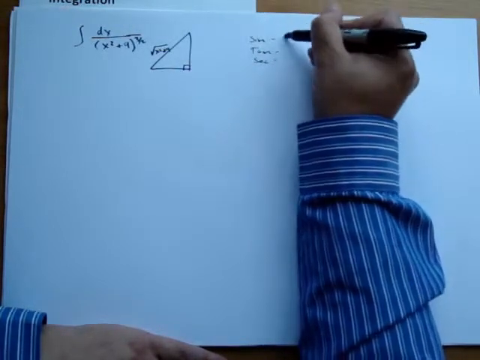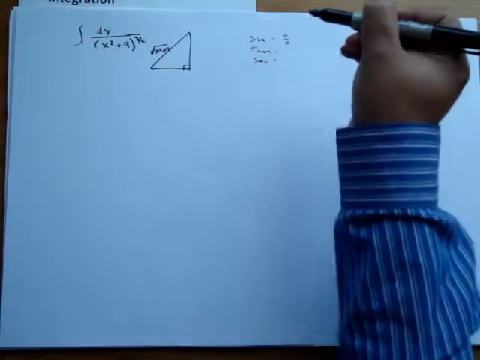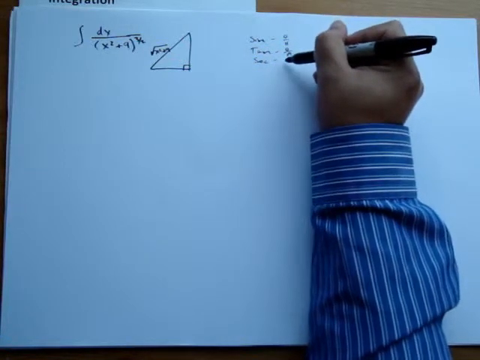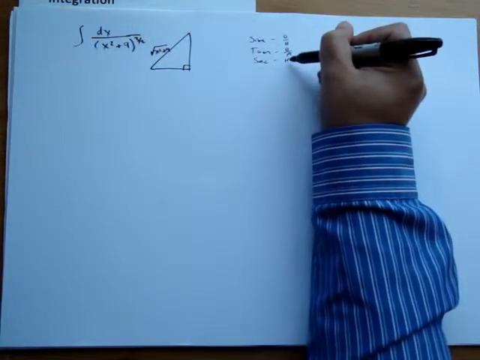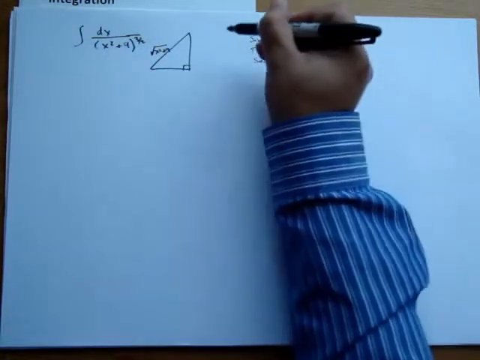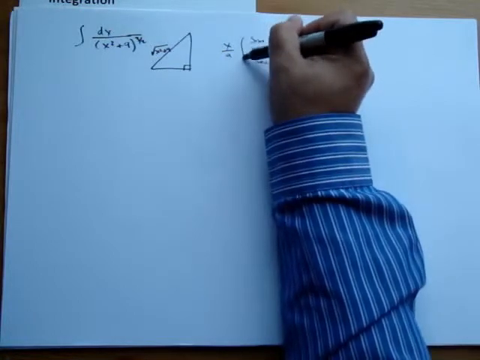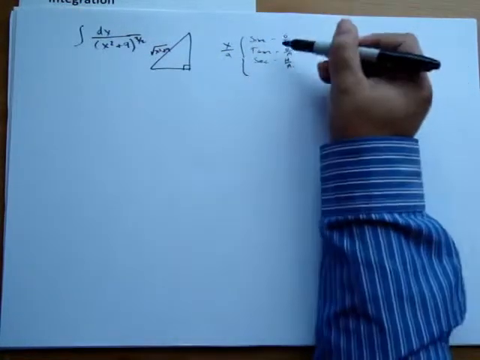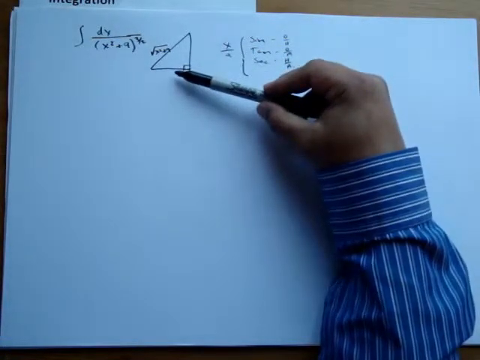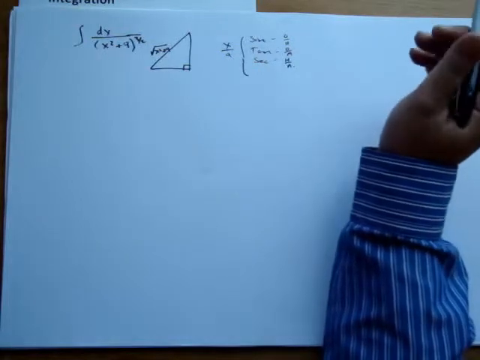Sine is opposite over hypotenuse. Tan is opposite over adjacent. Secant is the hypotenuse over adjacent. And we work out x over a has to equal one of these.